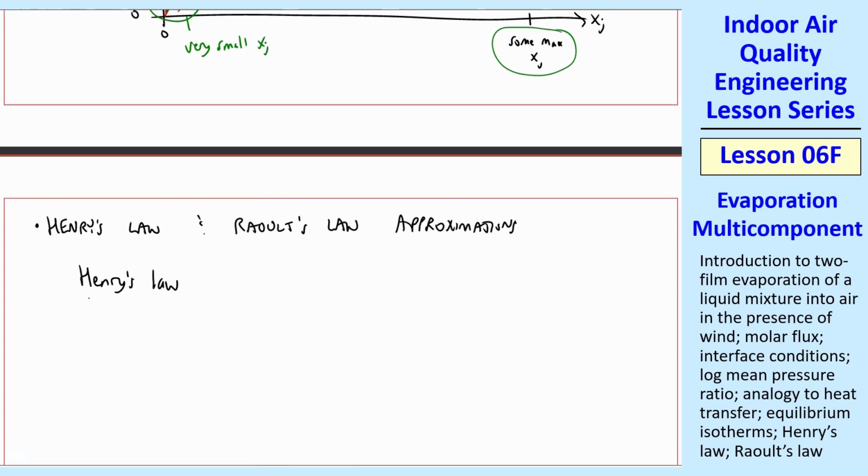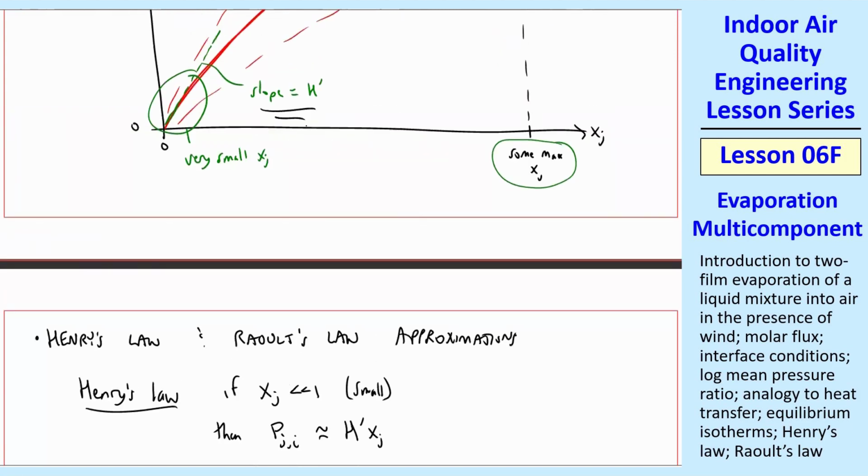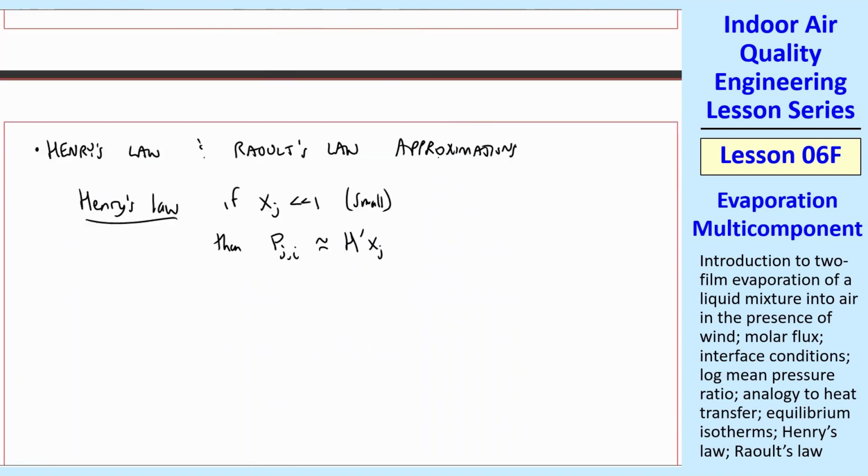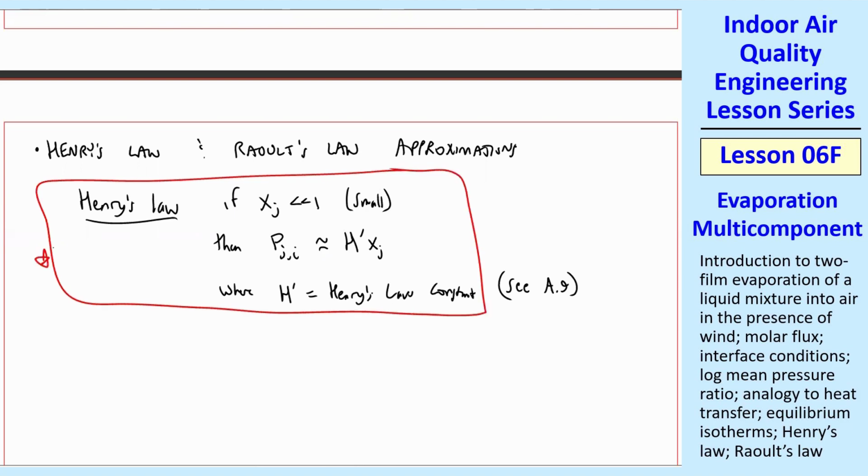And what Henry's law says is that if x_J is small, much less than 1, then P_Ji is approximately H prime times x_J, where H prime is this slope of the curve near 0, or at 0 actually, and where H prime is called Henry's law constant. So it's just a linear approximation. We can find Henry's law constants in Appendix 8.9 of our textbook. This is the case that we'll most often use.